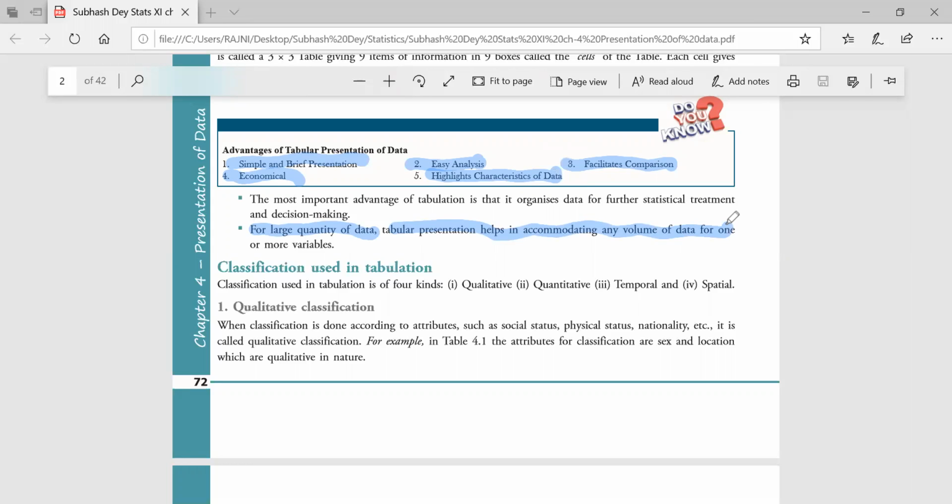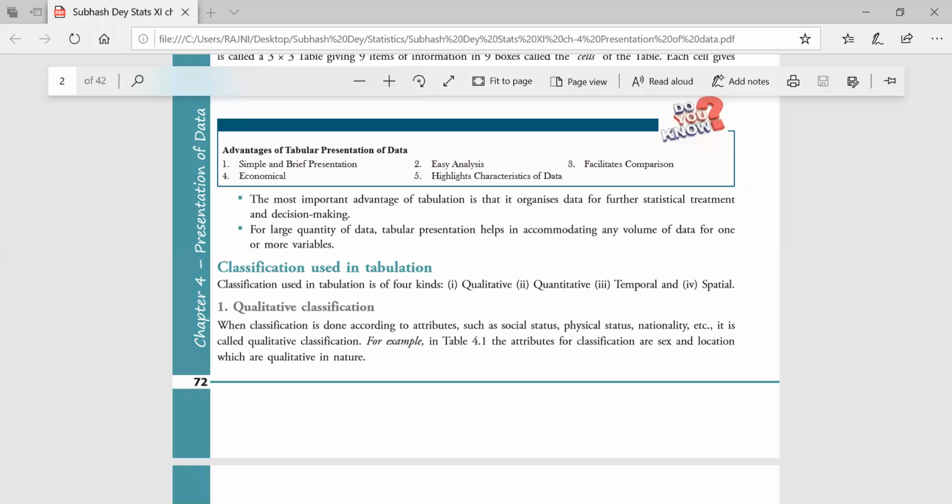It means data of a large size can be represented with the help of a table very easily. Now the question arises, how many kinds of classification of data can be done using tabular presentation? There are 4 ways of classification: qualitative classification, quantitative classification, temporal classification and spatial classification.